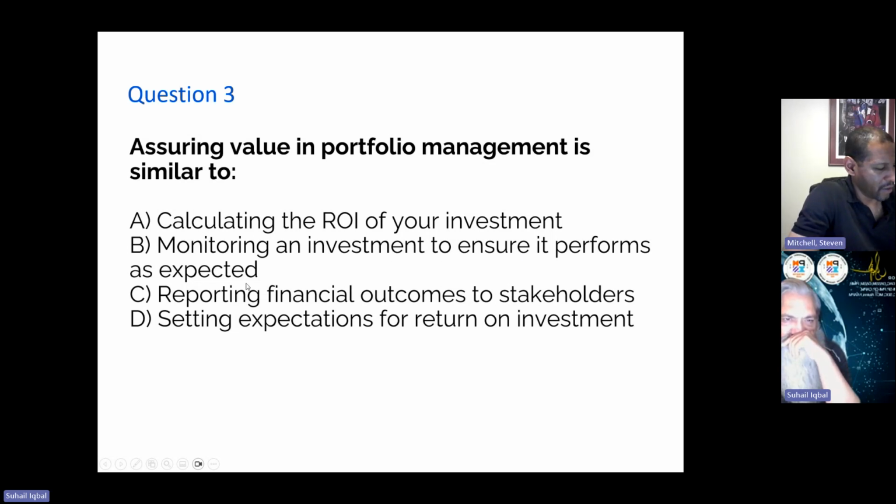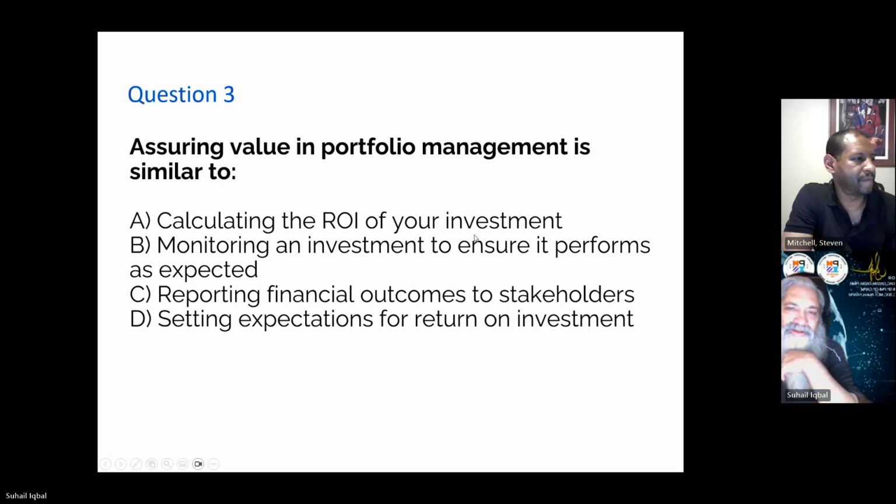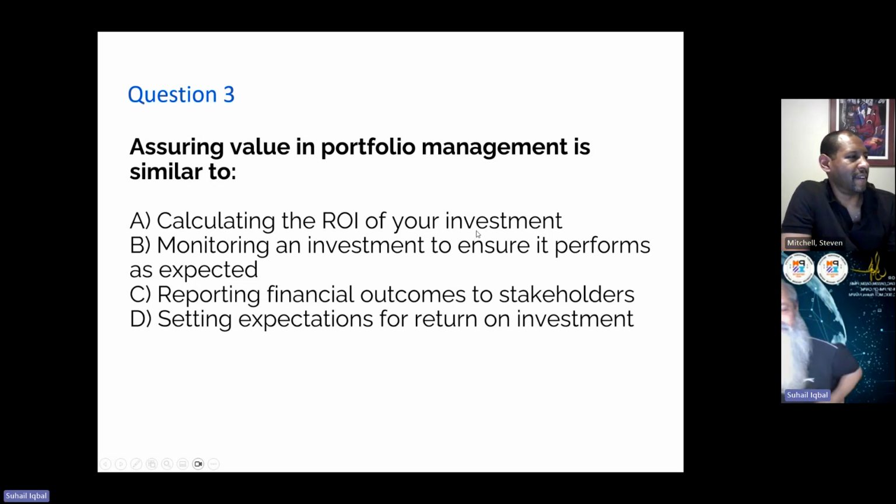It sounds like measuring, though. I think it's D, maybe. Assuring value in portfolio management, the very first sentence in assuring value was ROI, is similar to calculating the ROI of your investment. Okay. Remember that.